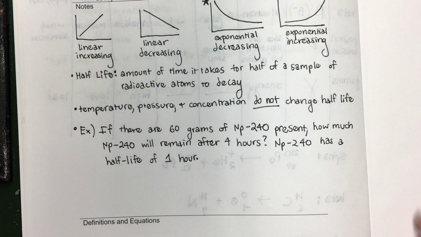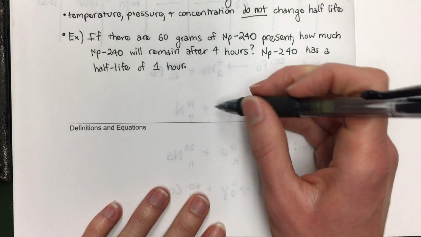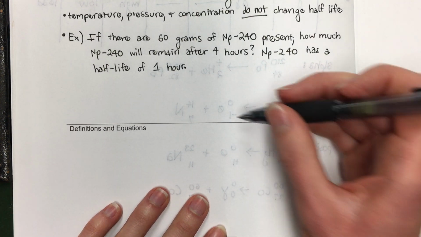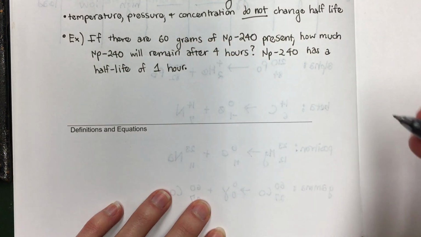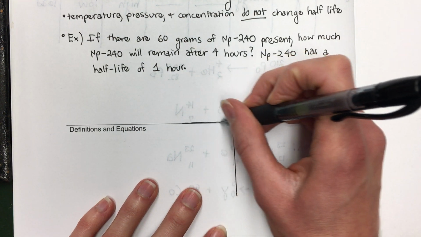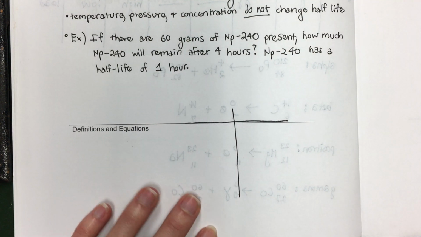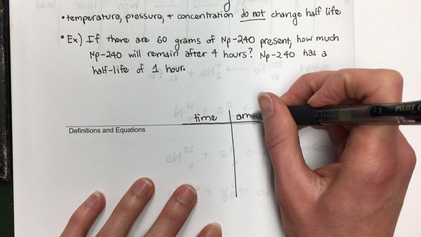All right, so what we need to do is make a kind of a data table with time and amount. And for any type of problem like this, you should set up this table. I'm going to do it right here since there's a natural line here that I can use for my table. So on the left, I'm going to do time, and on the right, I'm going to do amount.